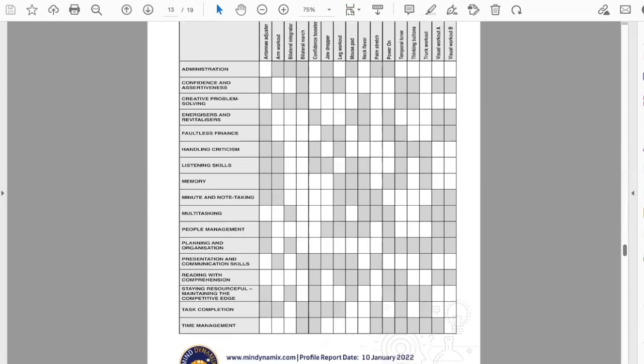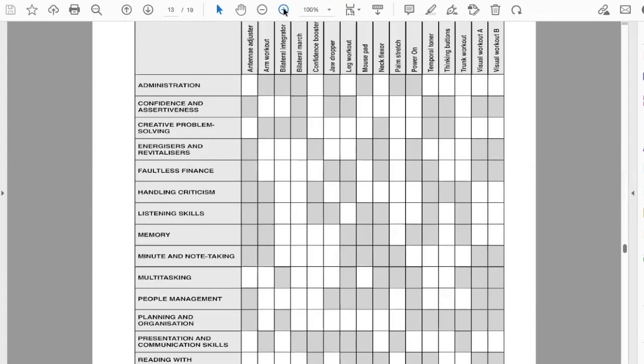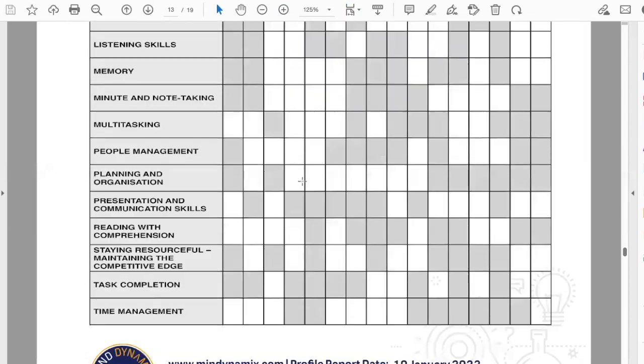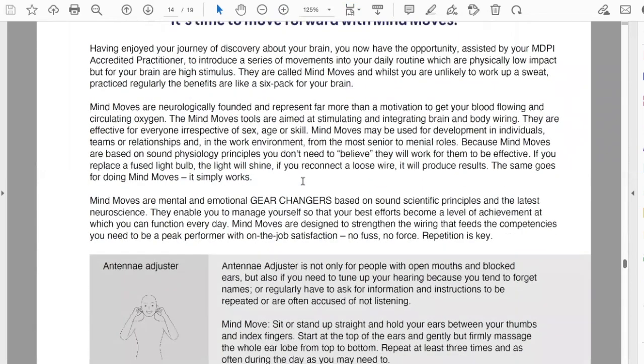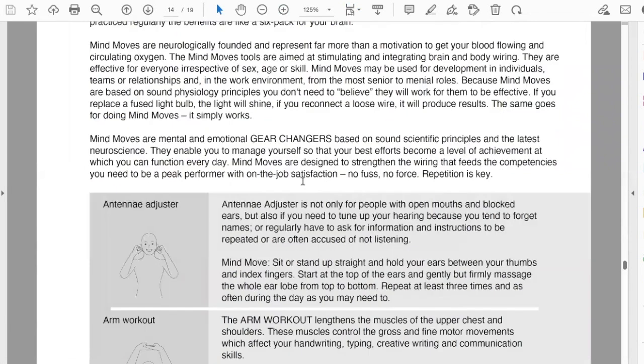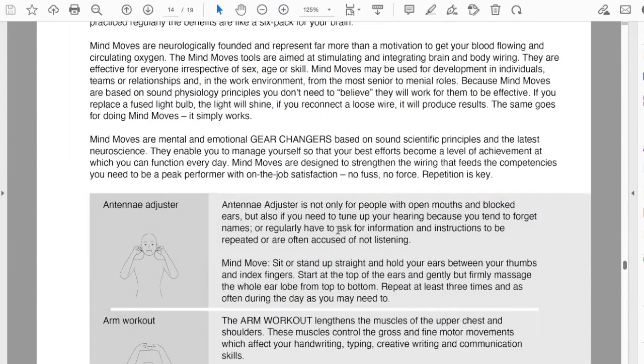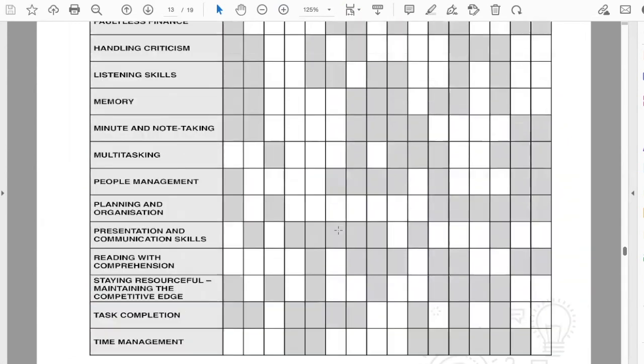In the report itself, all of the mind moves are explained with a little illustration. Here you see one of them, as well as what the purpose of the mind move is and how to do the mind move. What we recommend is that you, as the practitioner, don't choose more than 3 mind moves.